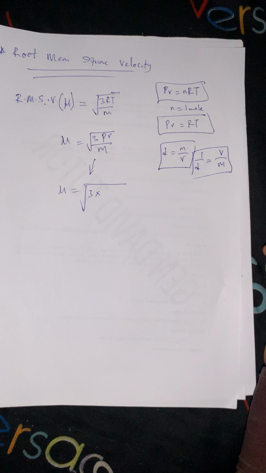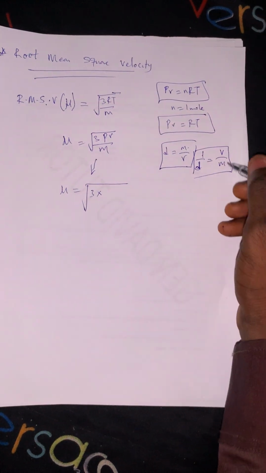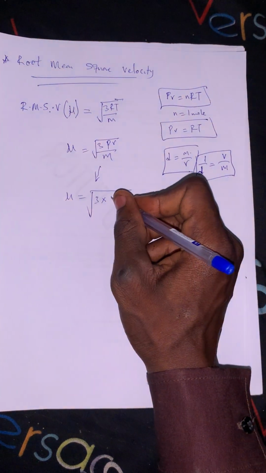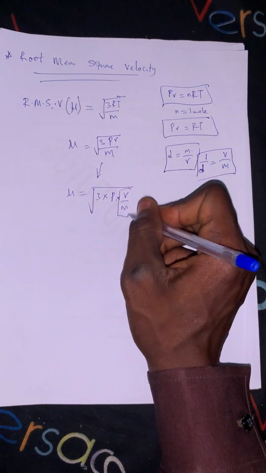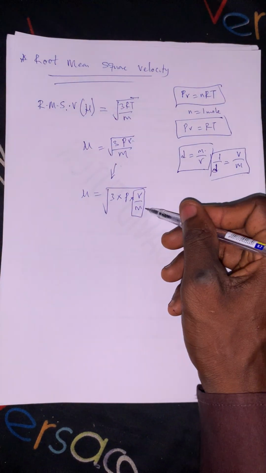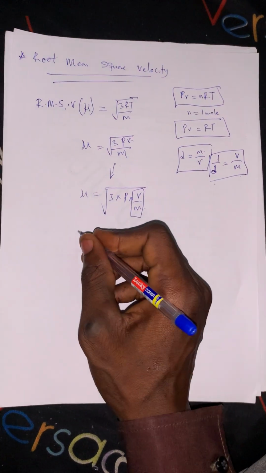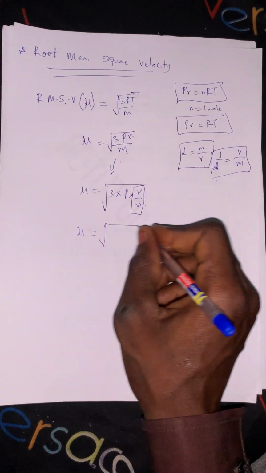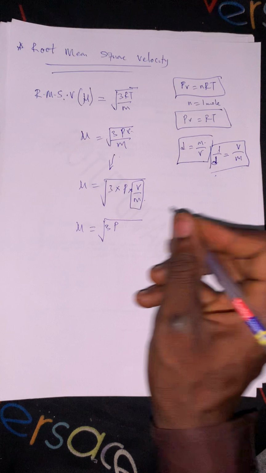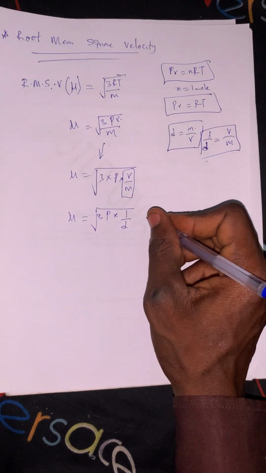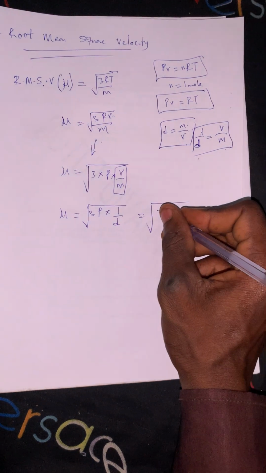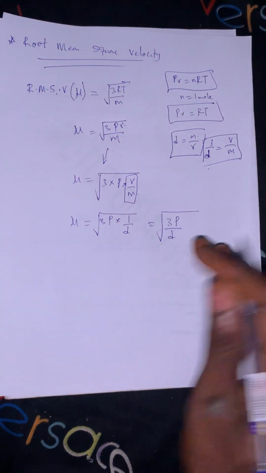So we have P multiplied by volume over mass here, and this volume over mass is 1 over density. So the root mean square velocity can also be the square root of 3P multiplied by 1 over density. If you take it together, we have it to be the square root of 3P over density.